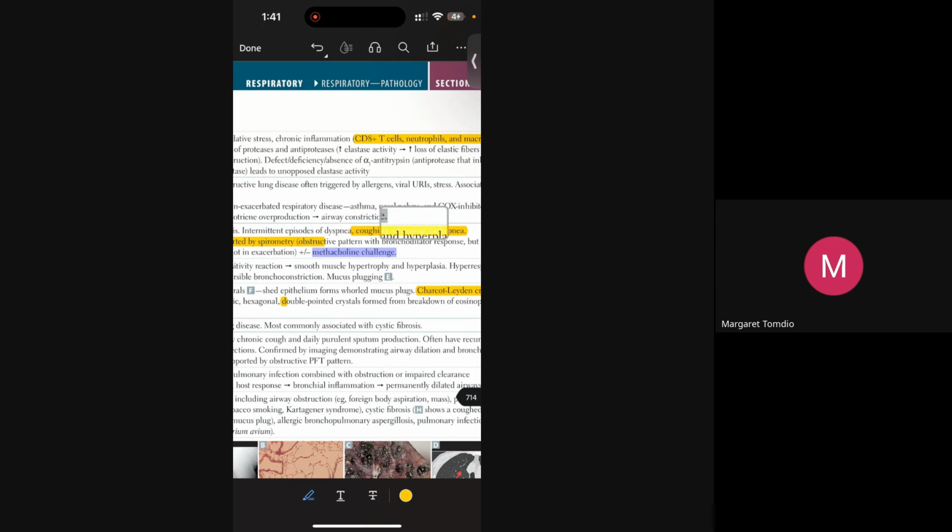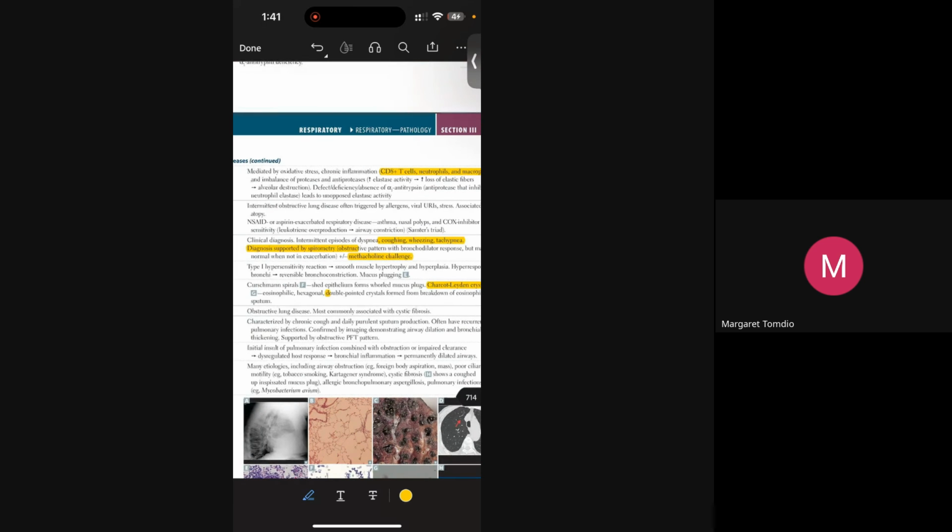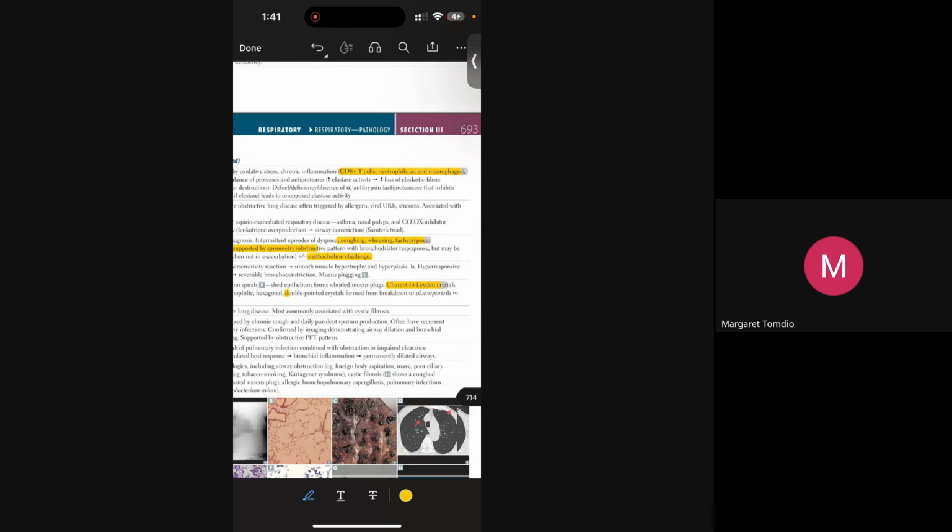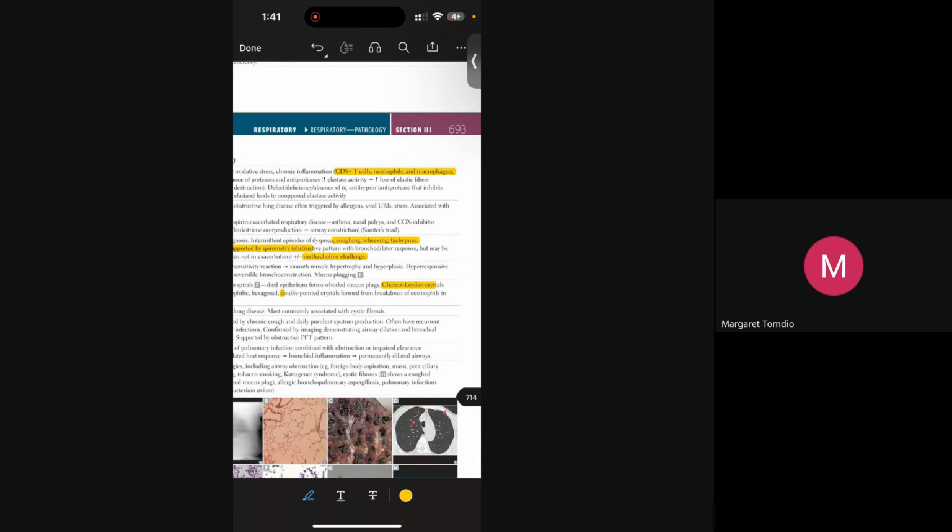methacholine challenge test. So the diagnosis is supported by spirometry and the methacholine challenge test. The methacholine challenge test is a test in which we give methacholine. Methacholine is the same as acetylcholine. And what does acetylcholine do? Acetylcholine is a product of the parasympathetic nervous system, and the parasympathetic nervous system causes bronchoconstriction.